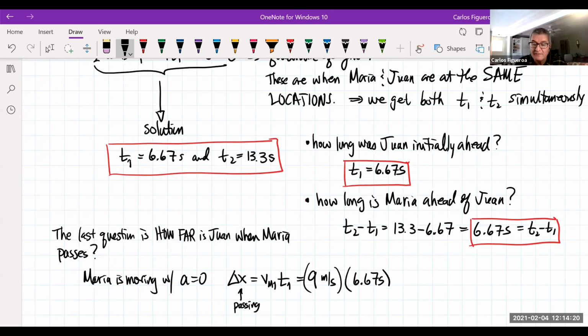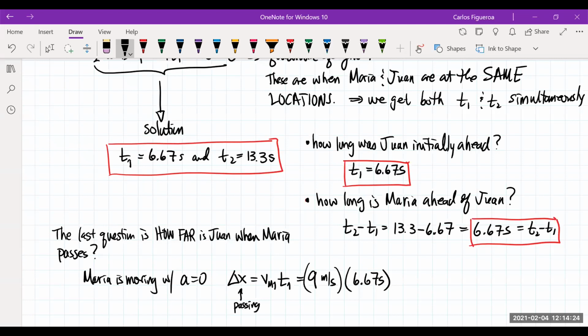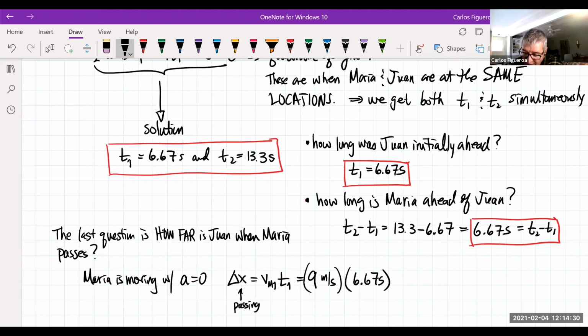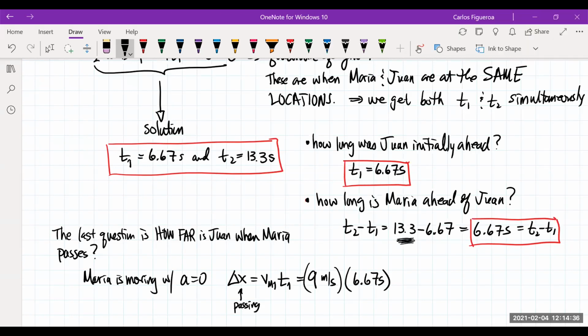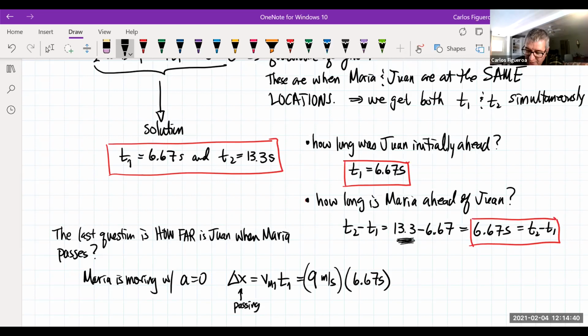Carlos: Actually, a lot of us in the group chat got 6.63. I don't know if it really matters, but I guess the number of sig figs, I wonder. I think it depends on when you rounded. Yeah, it depends. I didn't round until the very end. Yeah, but I think that's a tiny issue, right?